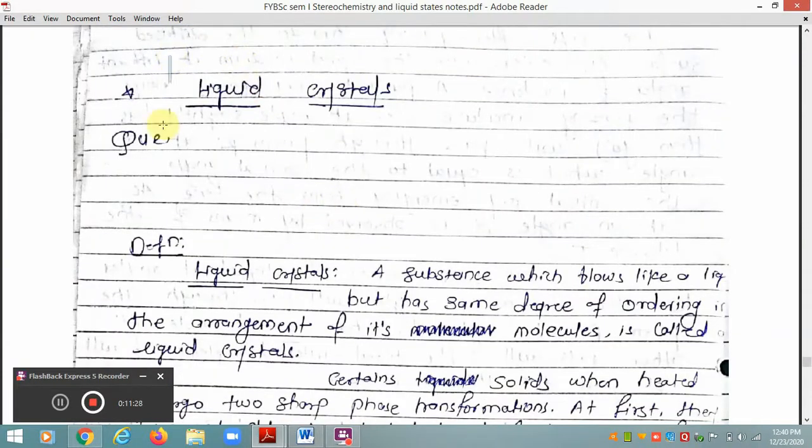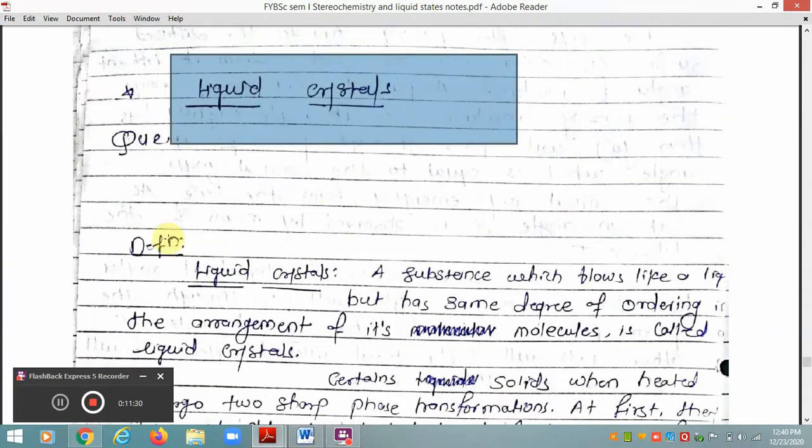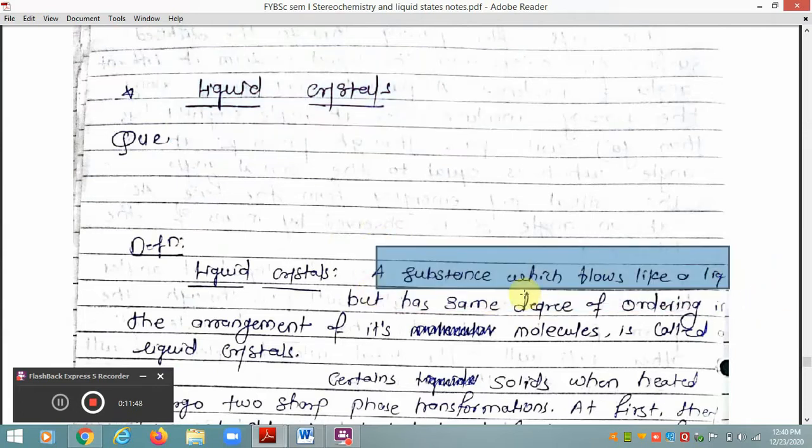Another part of the study of the liquid state is called liquid crystals. Generally we use this term crystal for solids, but here we are going to talk about a liquid present in the crystalline form, that is, liquid crystal, a substance which flows like a liquid but has some degree of ordering in the arrangement of its molecules.